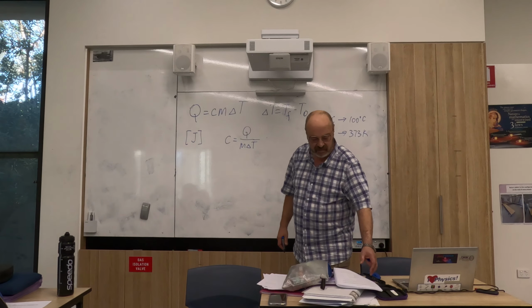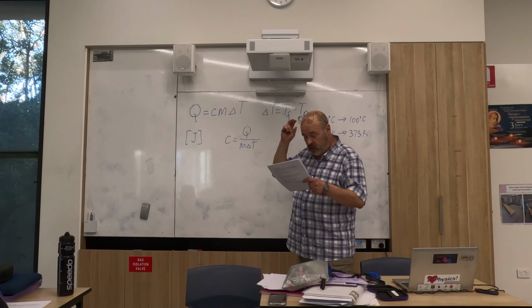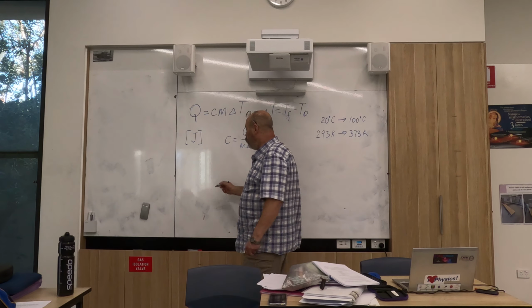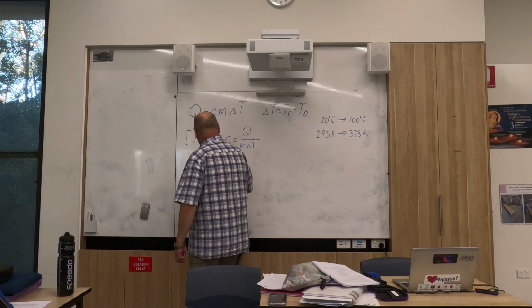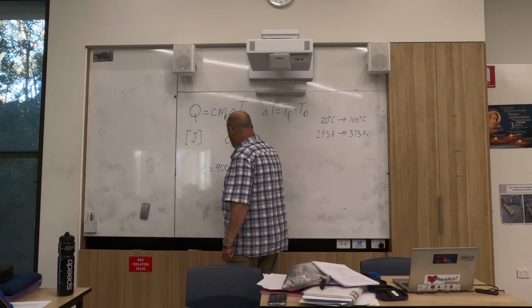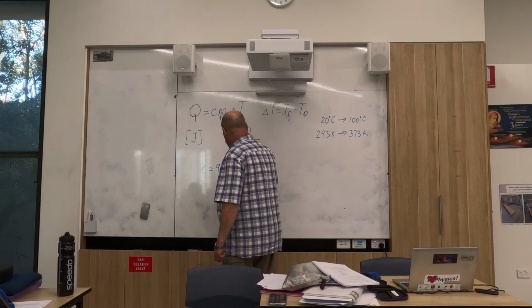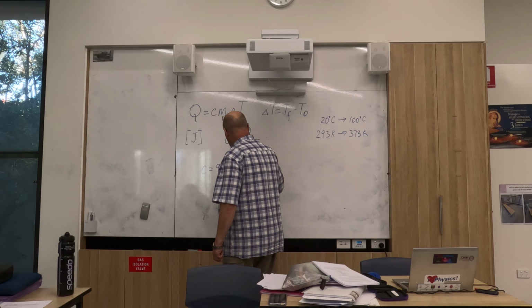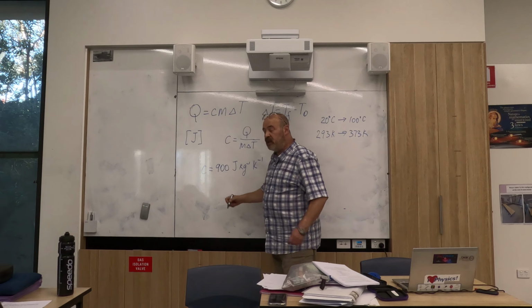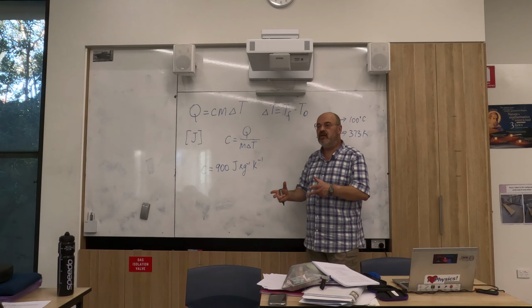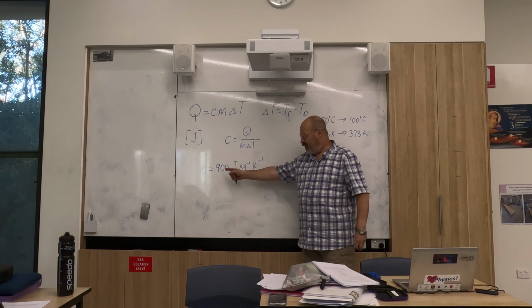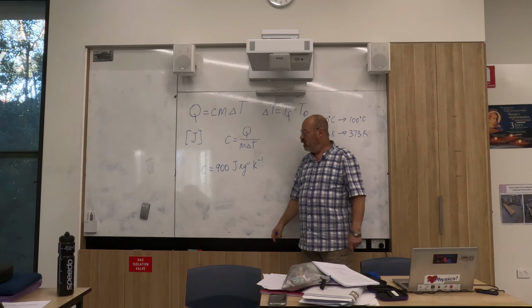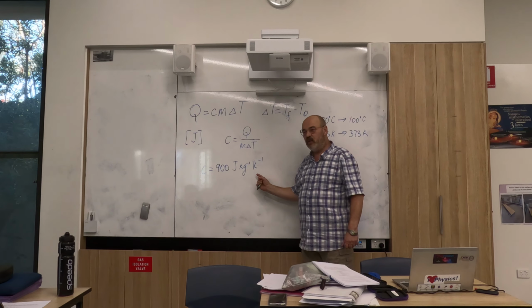For example, let's say aluminium has a specific heat capacity of 900 joules per kilogram per Kelvin. What does it mean? If you take 1 kilogram of aluminium, it takes 900 joules to heat it up by 1 degree. Is Q the energy?